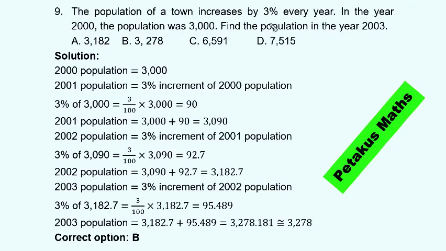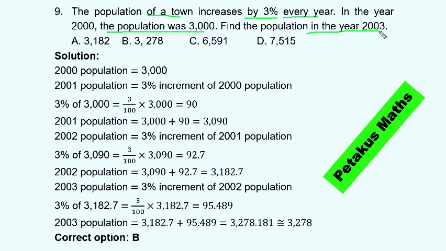Question 9. The population of a town increases by 3% every year. In the year 2000, the population was 3,000. Find the population in the year 2003.